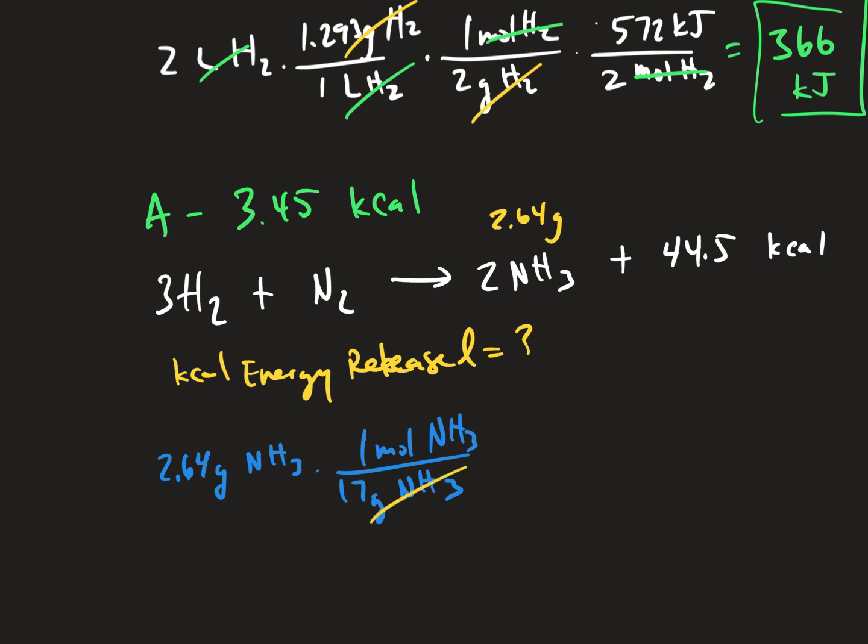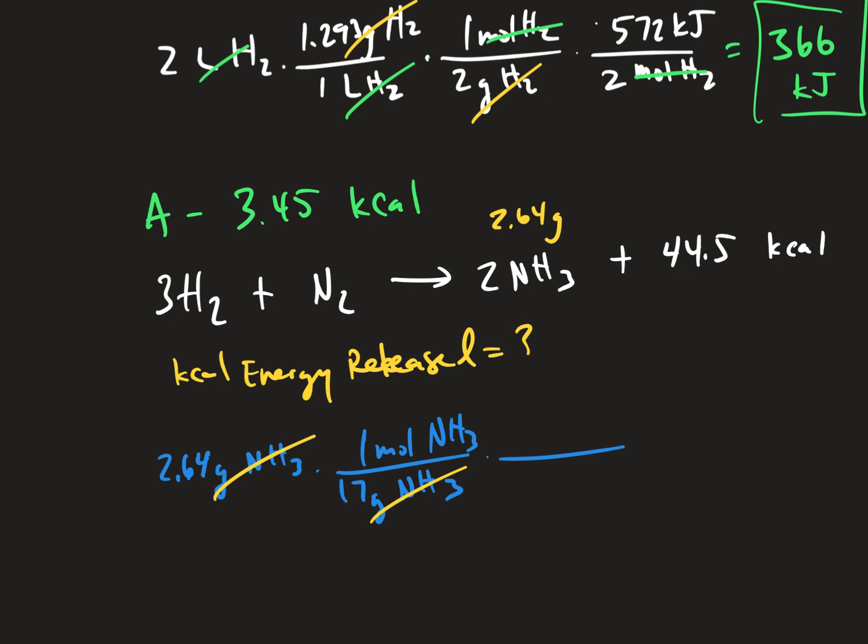Are we good so far? Okay. And now what? Moles to what? We could go moles to moles. Do we want to go to moles of a different substance? What are we looking for?